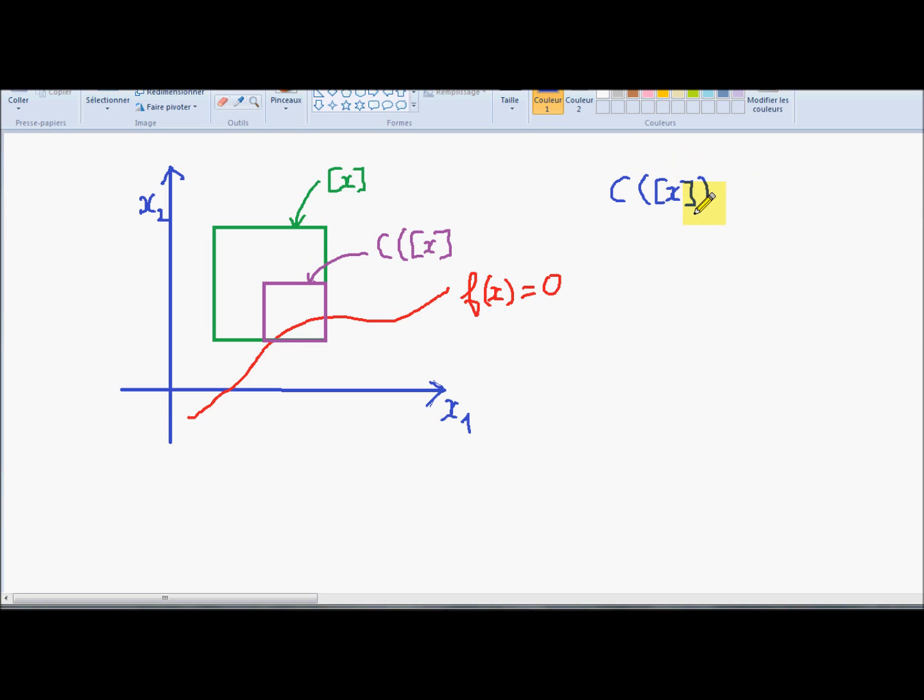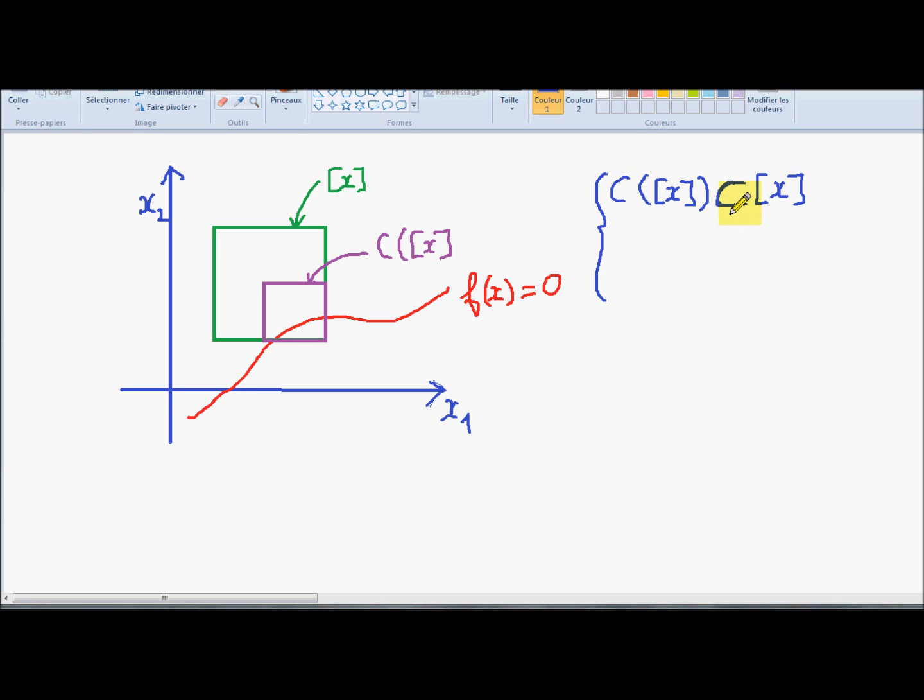And it has to follow some properties. The first property is a contraction property. I mean, C of X should be included in X. So C of X is smaller with respect to the inclusion. Take care, it is inclusion.